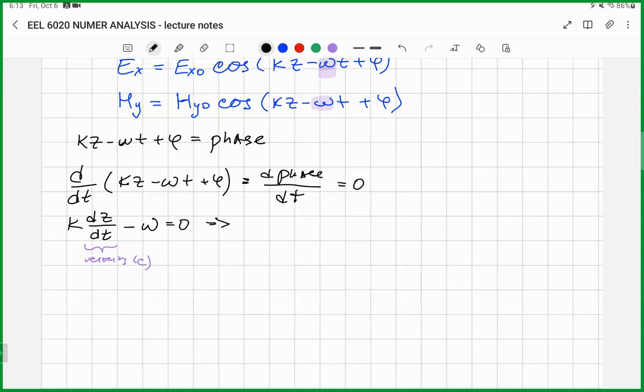So I substitute c for dz over dt, and I get k times c equal to omega, and hence I get the formula for k, which is equal to omega over c, right? So this omega over c, the k, is known as the wave number.